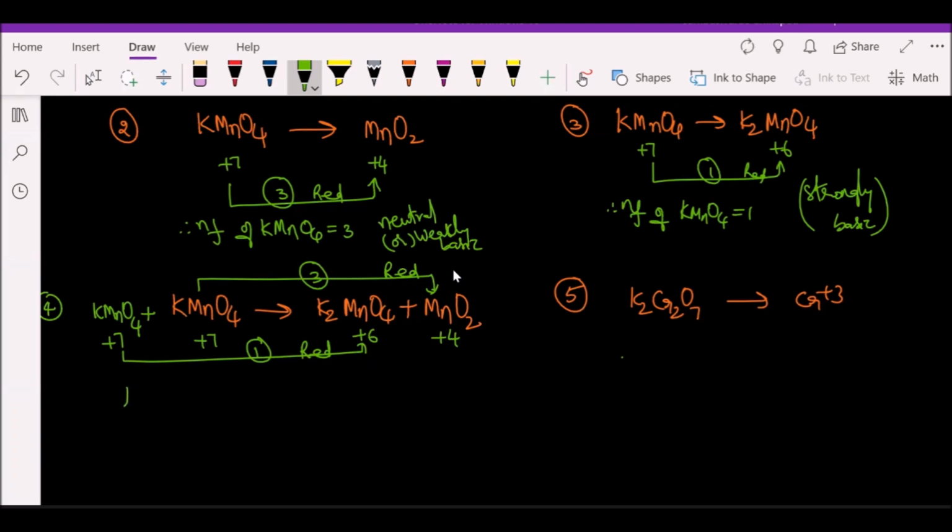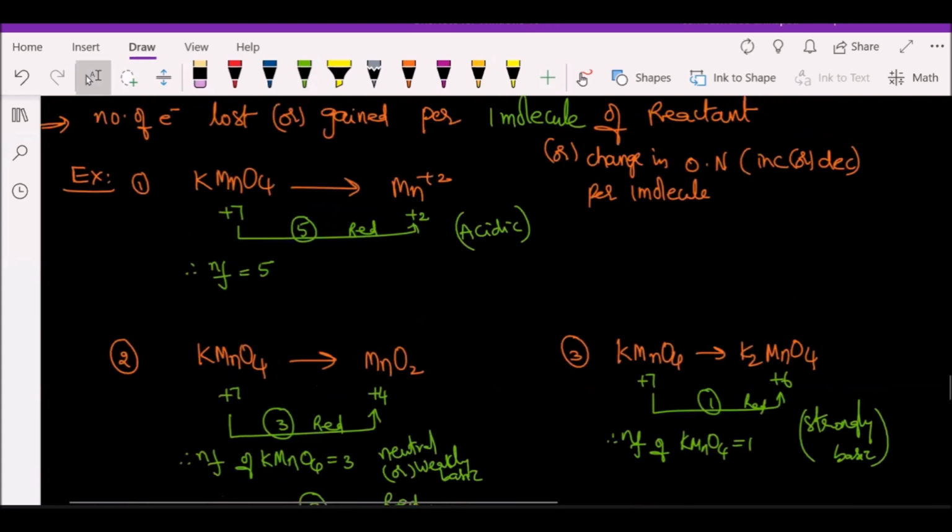So the total decrease in oxidation number, how much is it? 4, because 3 and 1 is 4. For how many molecules of reactant? For 2 molecules of KMnO4, the decrease in oxidation number is 4.